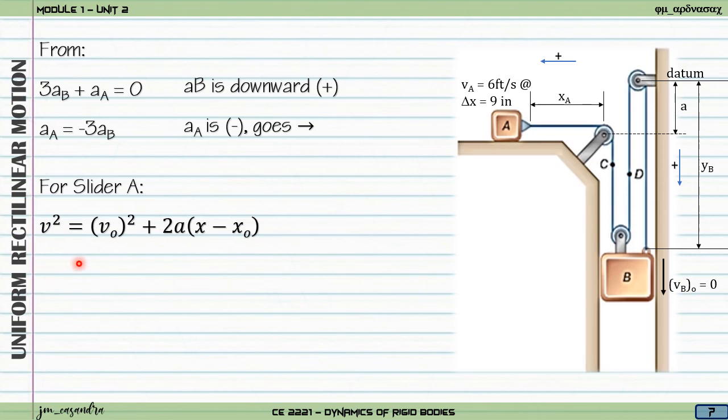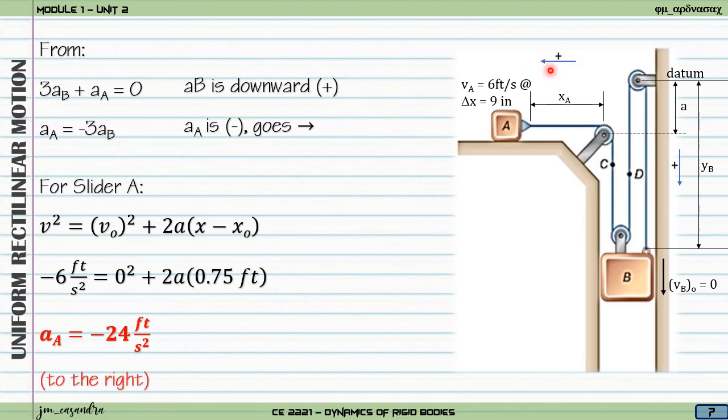Since A is moving to the right, which is our assumed negative direction, substituting our values we have -6 feet per second is equal to 0 squared plus 2a times 0.75 feet, which is the converted value of 9 inches. From here, we get that the acceleration of block A is equal to -24 feet per second squared. Negative meaning it's opposite our assumed direction, so it's moving to the right.